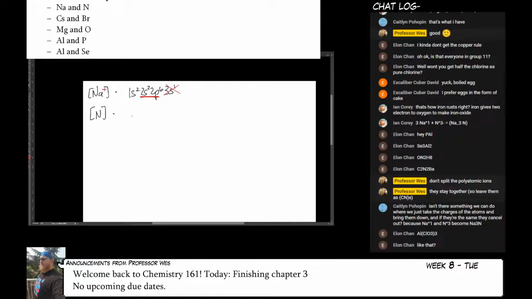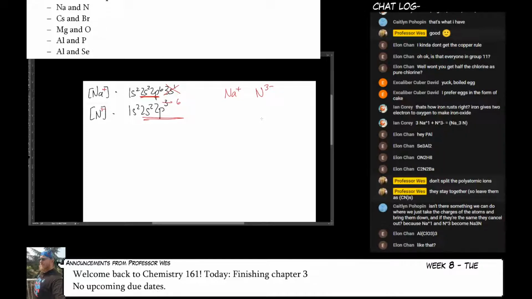For nitrogen, in order to fill my sp subshell, I need to change this to a 6. So that means I needed 3 extra electrons. So the ions that I form are Na plus and N3 minus.